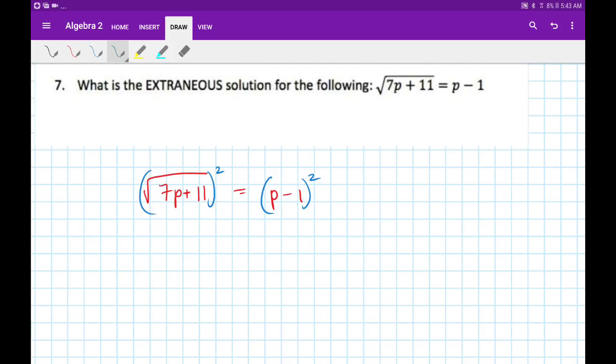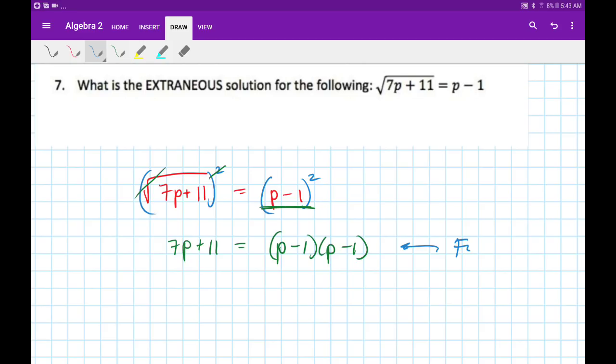Lots of common mistakes happening here. On the left side, when you square a square root, that will cancel. So 7p plus 11 is what remains. On the right side, however, we have some work to do. So I have to multiply p minus 1 times itself. So that means I have to write it out twice. That's p minus 1 times p minus 1.